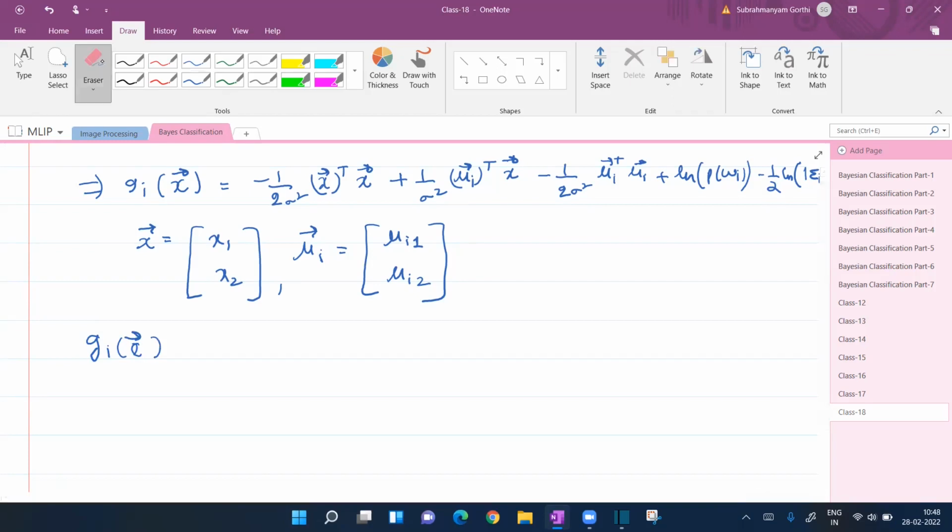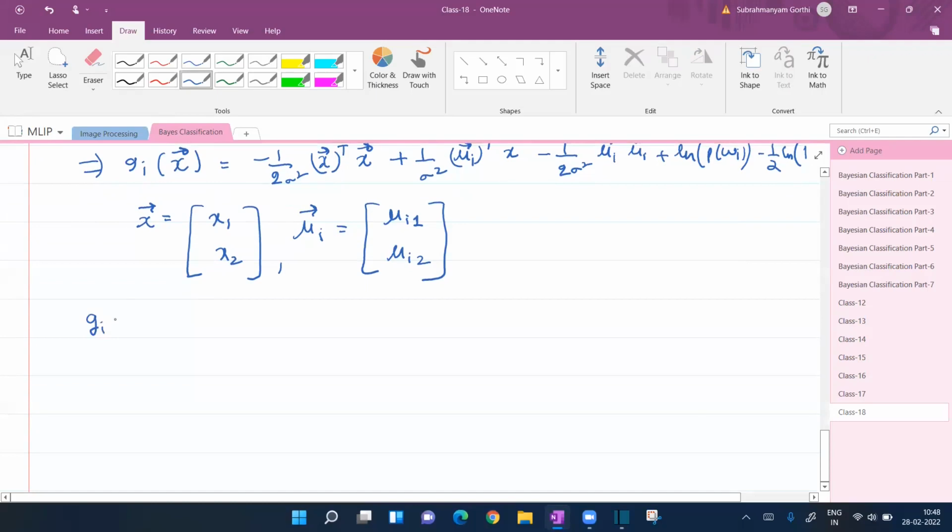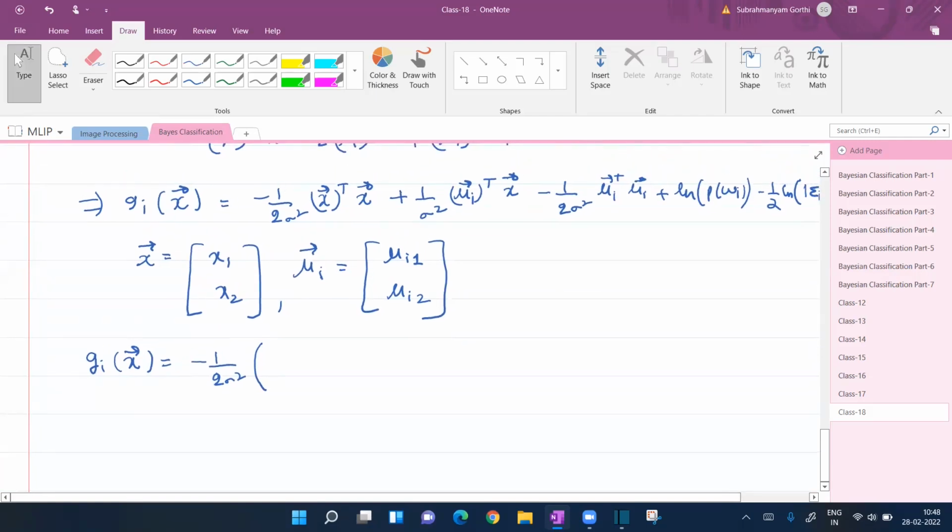Gi of x bar is equal to minus 1 over 2 sigma square into, what is the value here? x bar transpose x bar. What is the value there? What is magnitude of x, x mod x? Please tell me that in terms of x1 and x2. x1 square plus x2 square. That's all. Very good. x1 square plus x2 square.